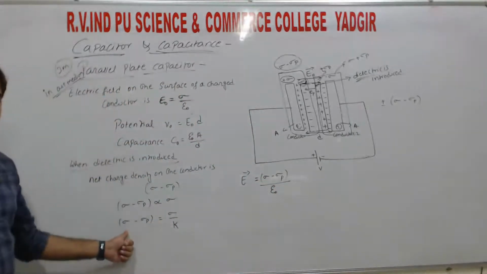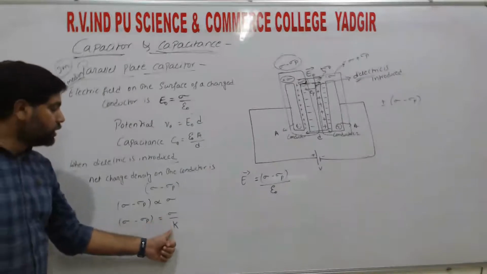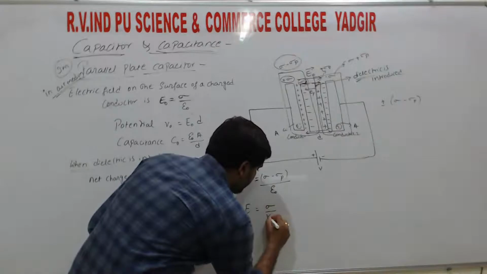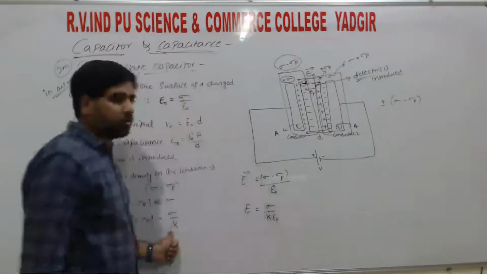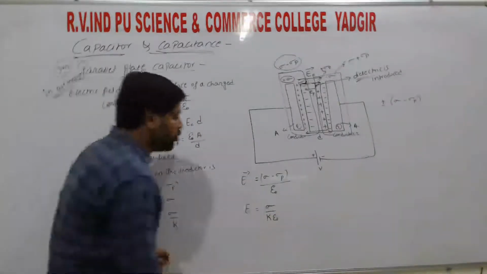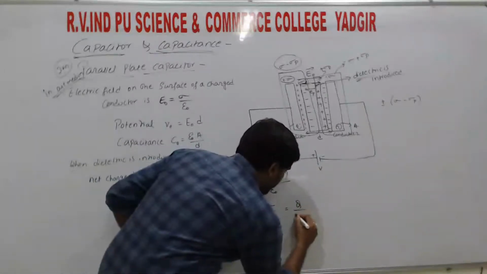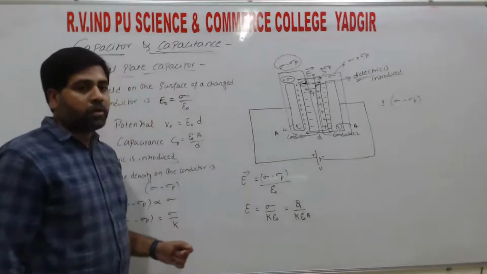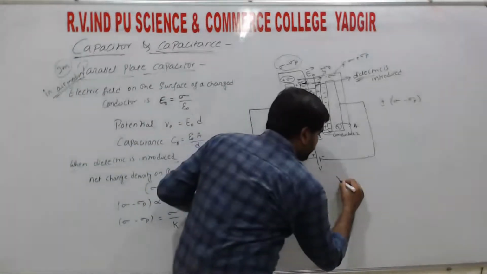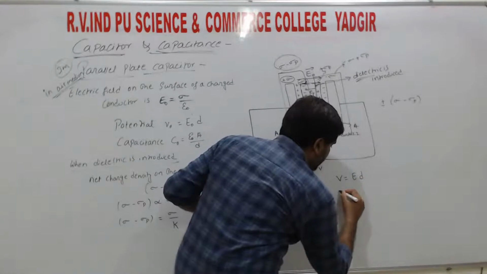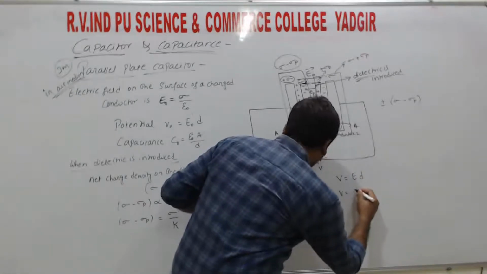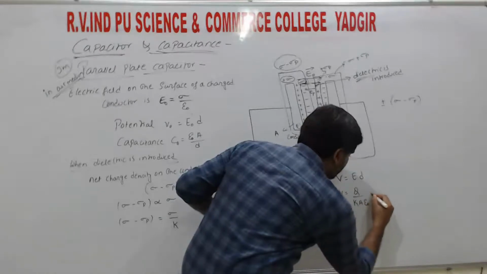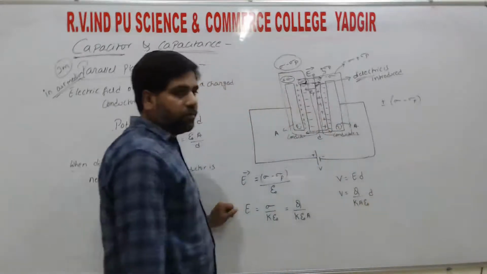Since sigma minus sigma p equals sigma by K, E is equal to sigma divided by K epsilon naught. We know sigma is Q divided by A, so E is Q divided by K A epsilon naught. The potential difference V is equal to E into D, that is Q D divided by K A epsilon naught.